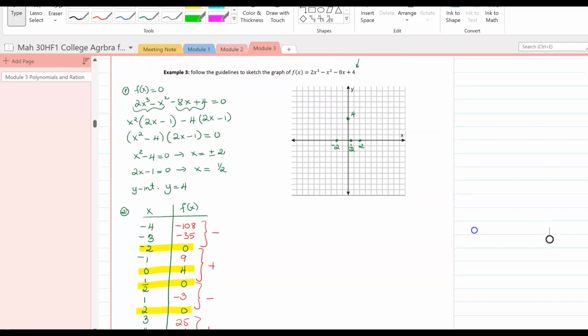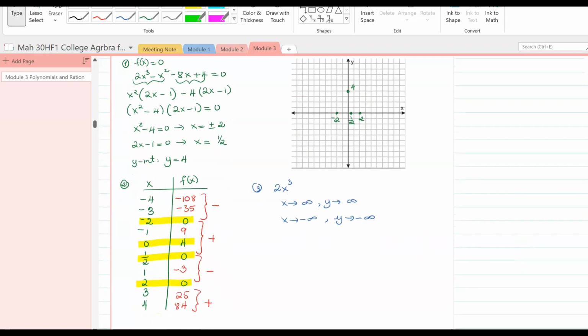So the end behavior of the graph: the leading term is 2x to the third. This means as x goes to positive infinity, y grows to positive infinity. As x goes to negative infinity, y goes to negative infinity. And it's consistent with our table.